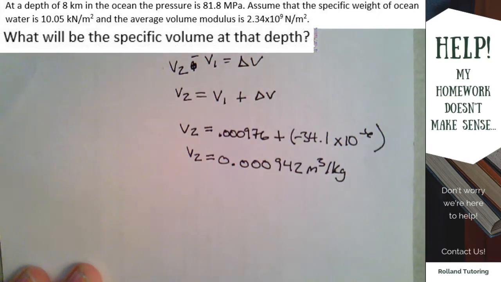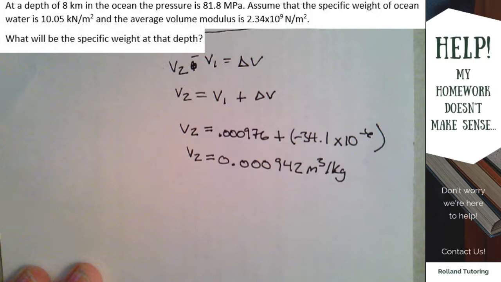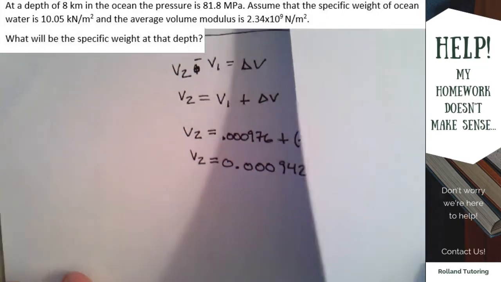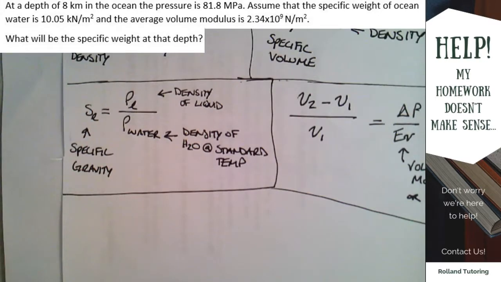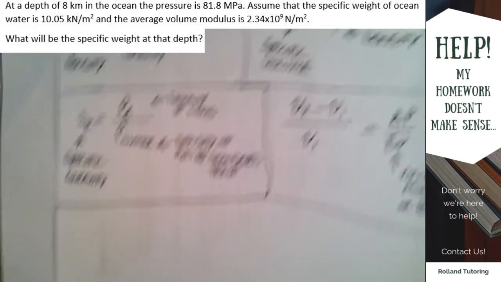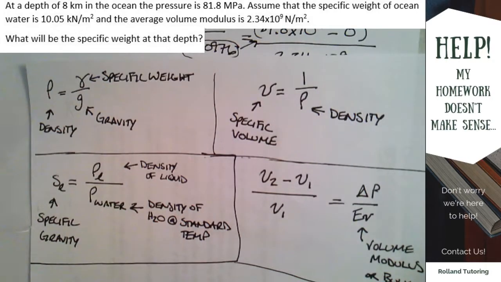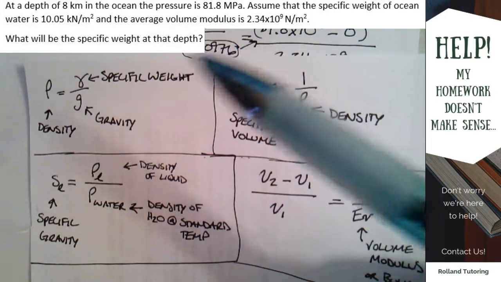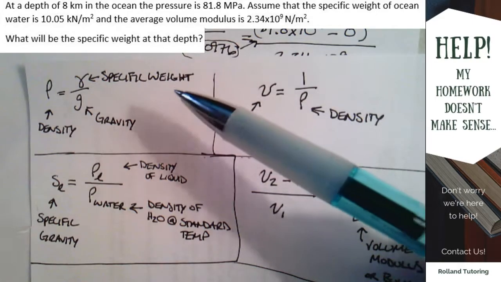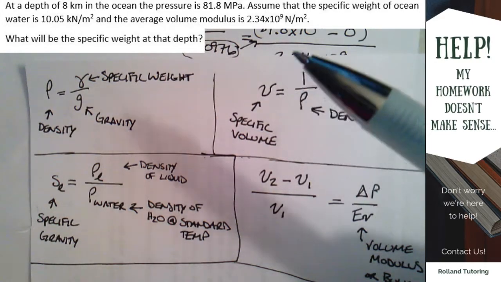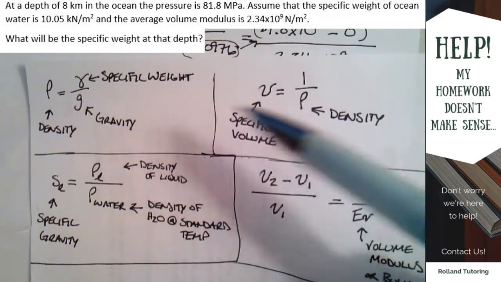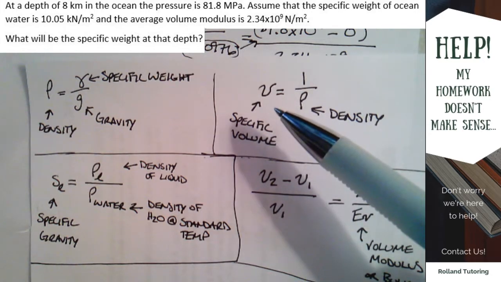Now our final part of this question is going to be, what will be the specific weight at that depth? So again, we need to come back to our equation sheet. Where do we find specific weight on this sheet? We have a specific weight here that we could potentially use. We also relate density to volume here.